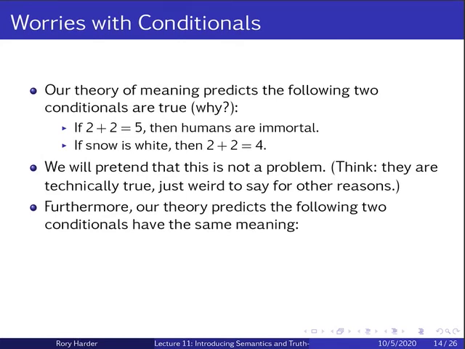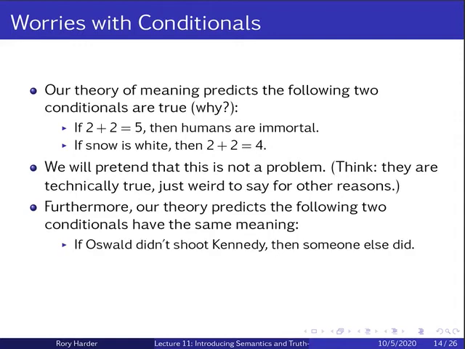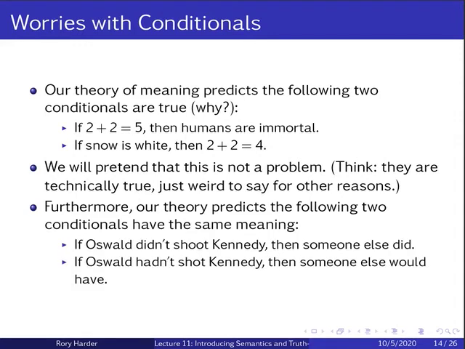Now, another problem with our theory of conditionals is that it seems to predict that the following two conditionals have the same meaning. As background, these two conditionals are about the assassination of JFK.